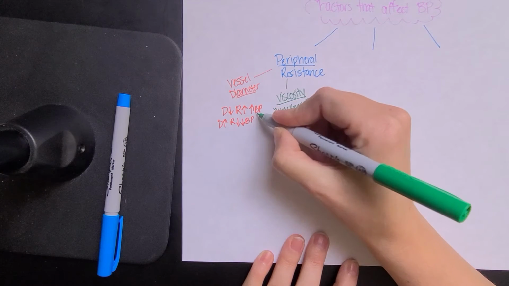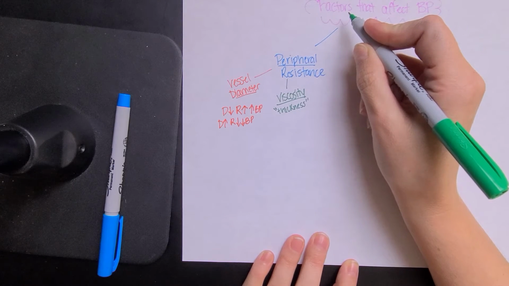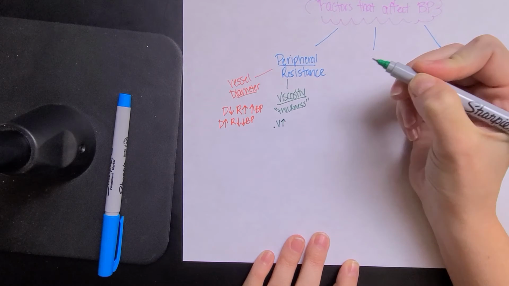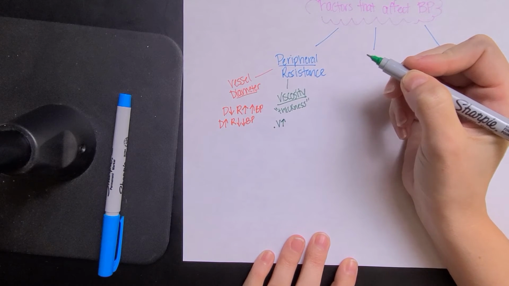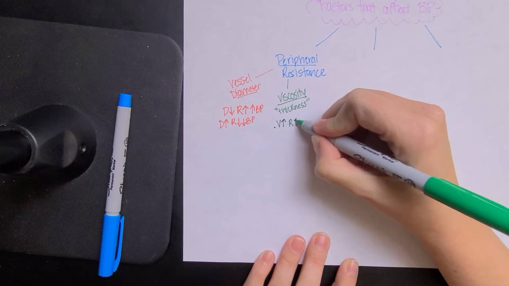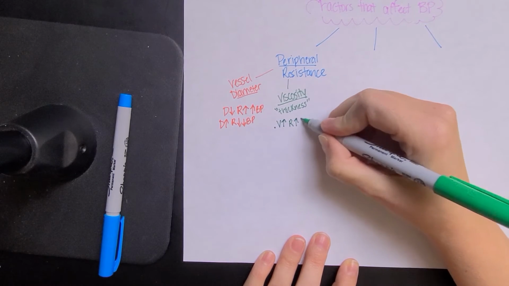So same thing here. We're going to think about these factors and what they do to peripheral resistance, and then therefore how they affect blood pressure. If our viscosity goes up, in other words, we have a very thick blood, our resistance also goes up. And as resistance goes up, our blood pressure goes up.